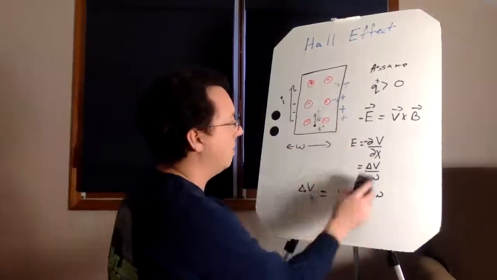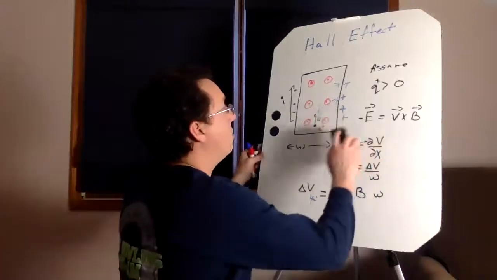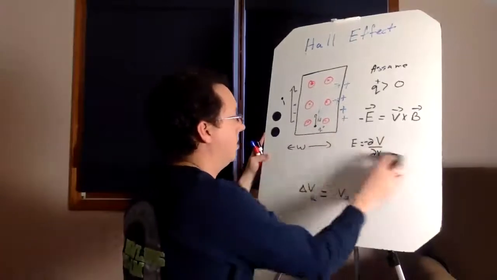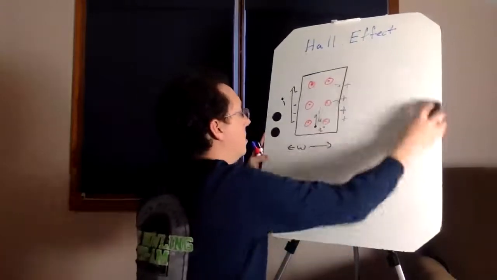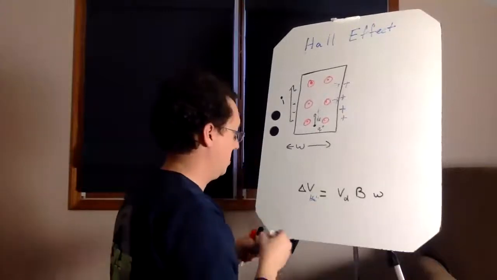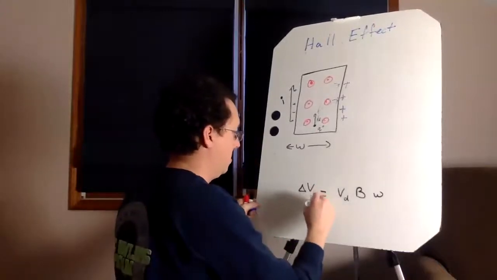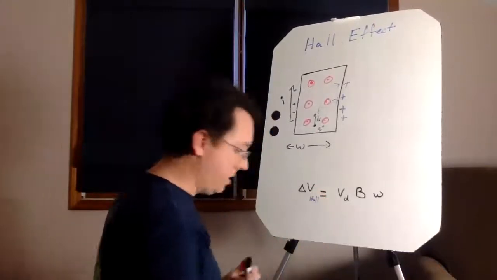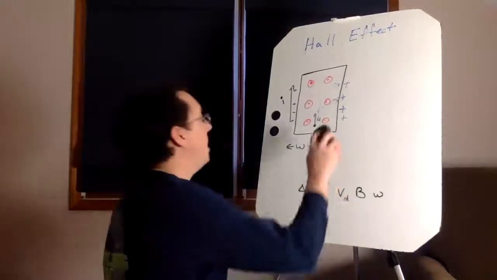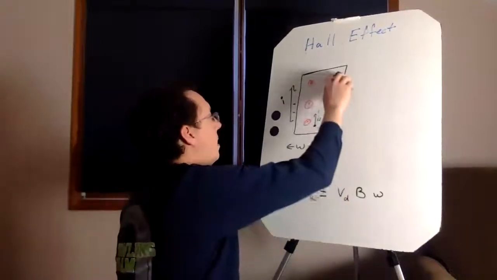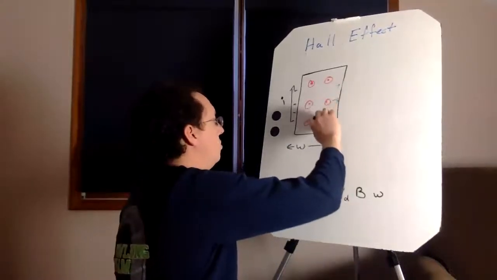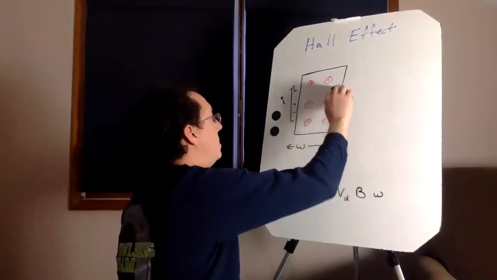I'm going to keep this formula here, but what I'm going to do is just redraw the situation. If now we assume that instead of positive charges moving, let's assume that the thing that actually moves is negative.